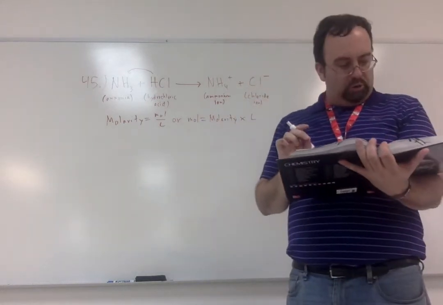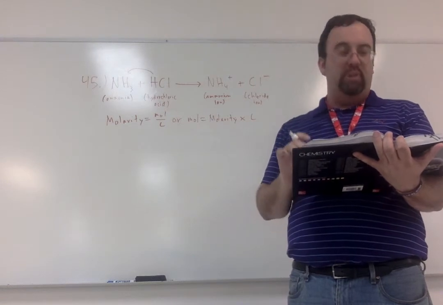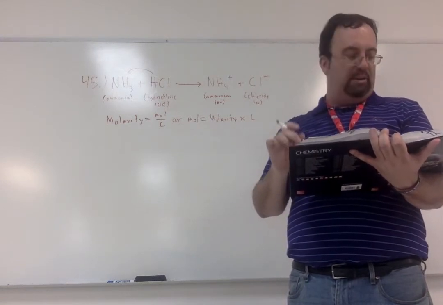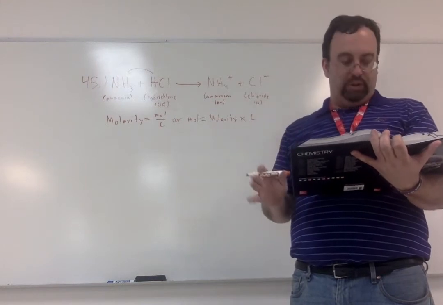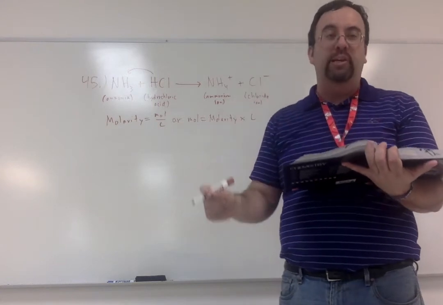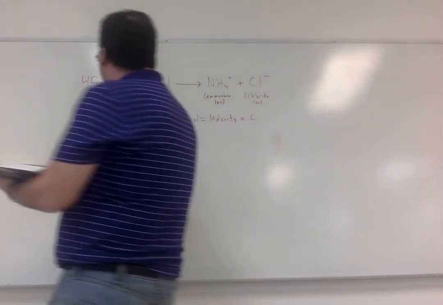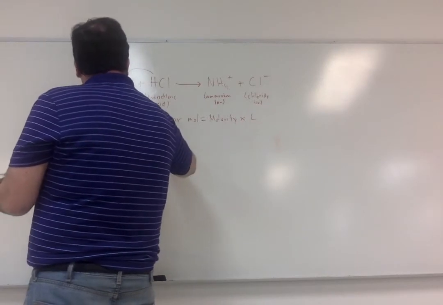We're told it takes 49.90 milliliters of 0.59 molar hydrochloric acid to neutralize the ammonia. And so what we first need to do is convert between milliliters and liters. We have 49.90 milliliters.